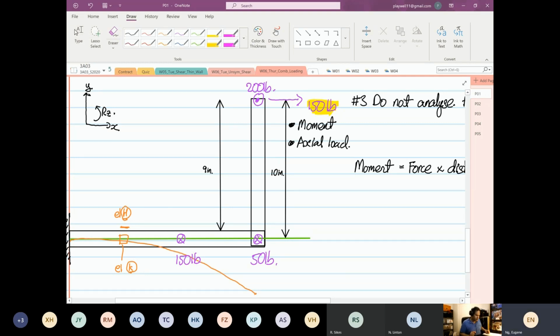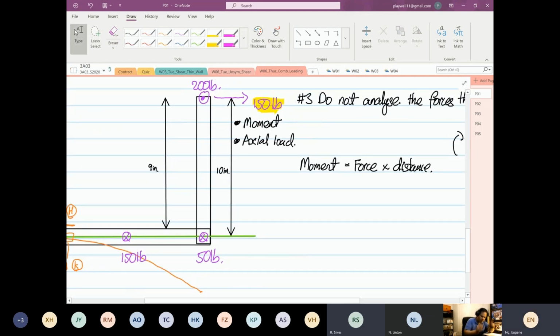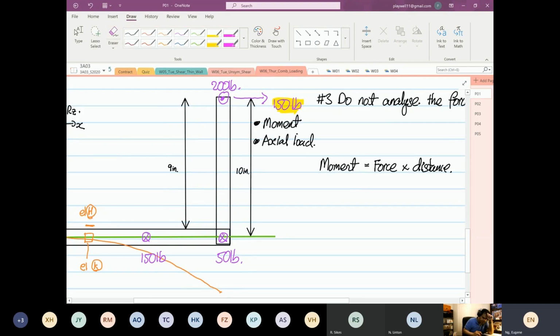So element H has a different moment, element K has a different moment. What is the problem with that? Anyone? The moment would be less on the 9-inch side. Yep. Which doesn't make sense with the bending profile that we know is going to happen. Exactly. Some students will ask me, then where's the compensation? The compensation is here.